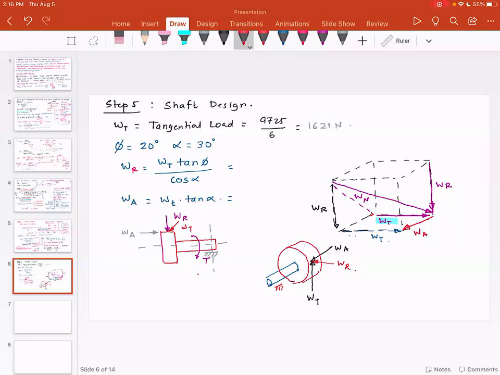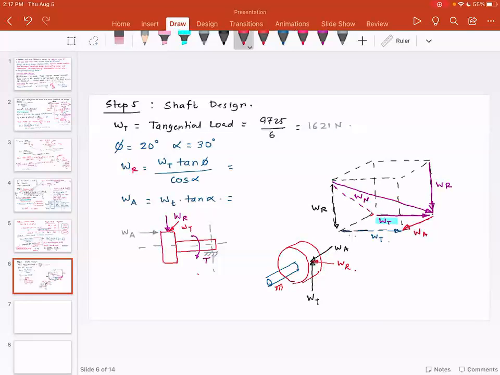There are two ways that this problem can be solved. You can find the individual moments and then add those, or you can find the resultant and take the moment of the resultant. It actually depends upon how you want to do it.